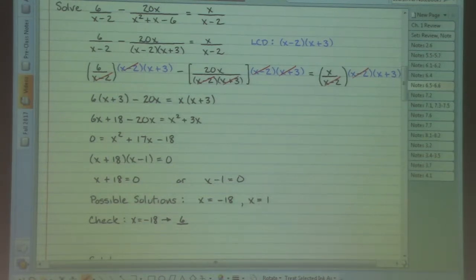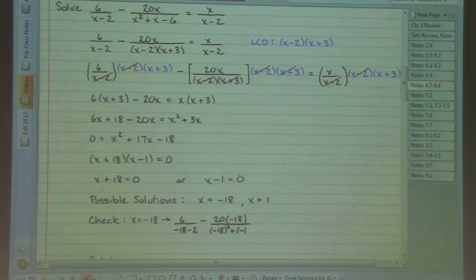Let's be a little bit more conscientious about the work that we're doing here rather than skipping steps and inviting in errors. Taking that negative 18 and putting it in the second fraction. We are taking it all the way back to the top equation, the one that was originally given to us.